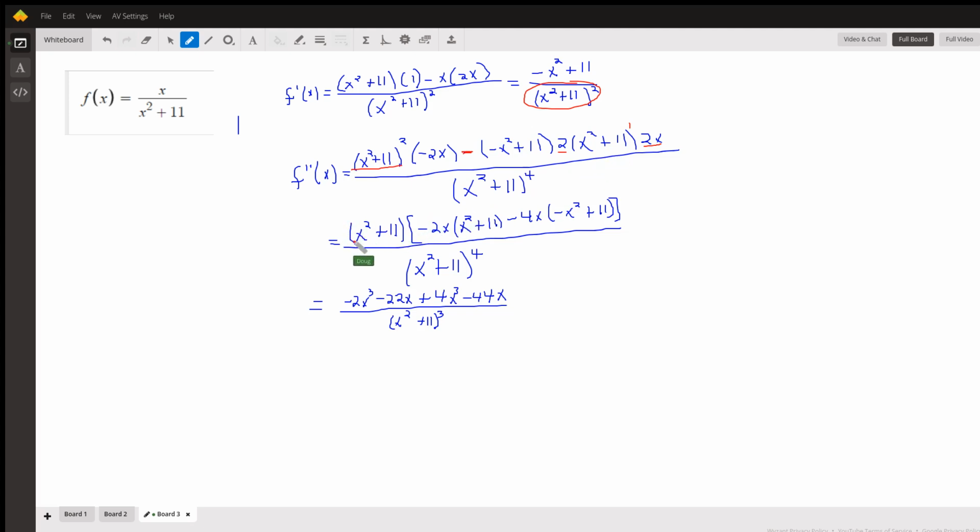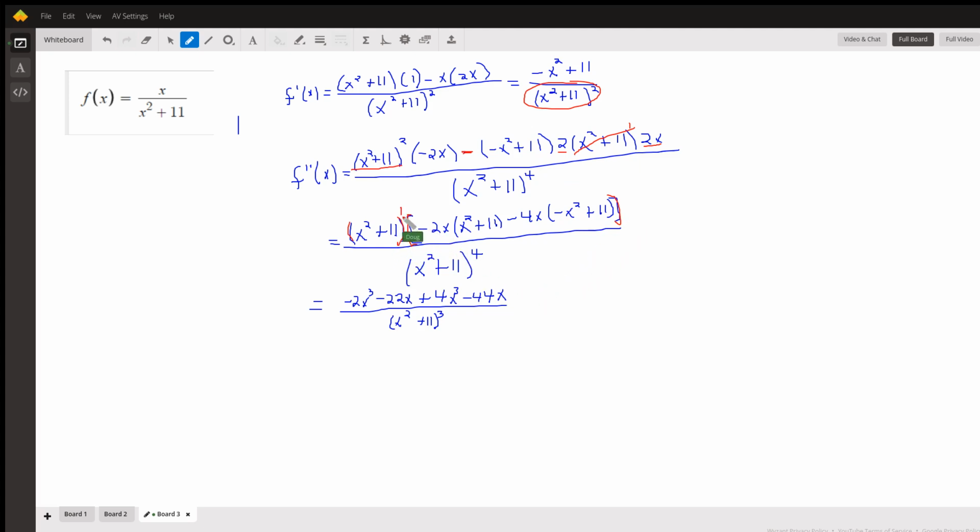I factored out that x squared plus 11, and in these brackets, we find out the terms that remain. So we got a negative 2x times x squared plus 11 after we factor out one of these. After we factor out this factor, we've got negative 4x times negative x squared plus 11.